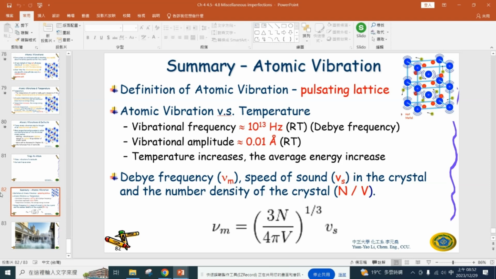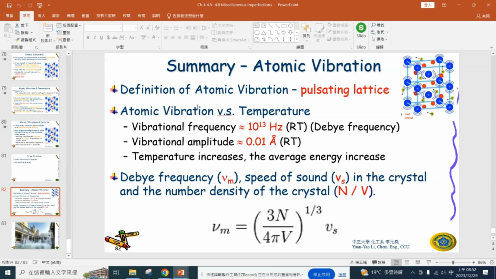So today, as usual, we are going to have a quick recall about what we have learned in the previous lecture, and then we are going to move to the new material. Last week, on Wednesday, we learned about atomic vibration.